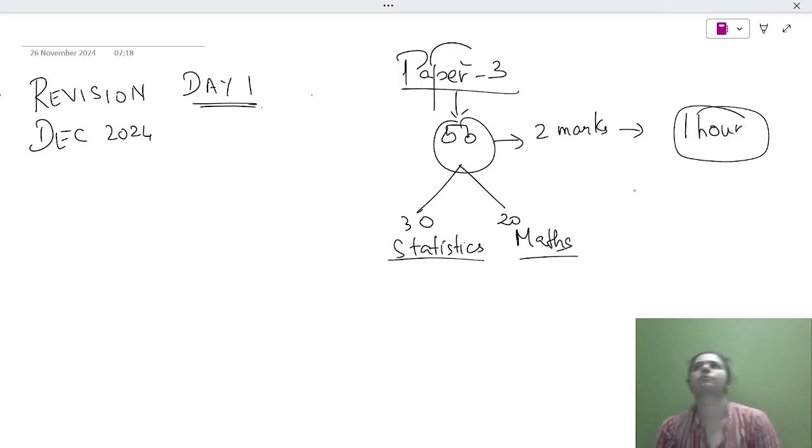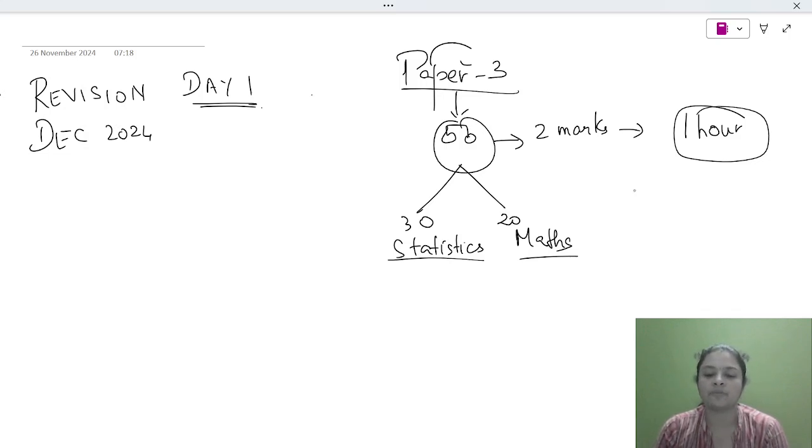If you look at the chapters in maths, you have about 9 to 10 chapters, and in statistics you will have about 6 or 7 larger chapters. If we take all of them together, around 50 chapters, and on an average if we take about 10 questions, we are going to solve about 100 to 150 questions in the next 4 days.